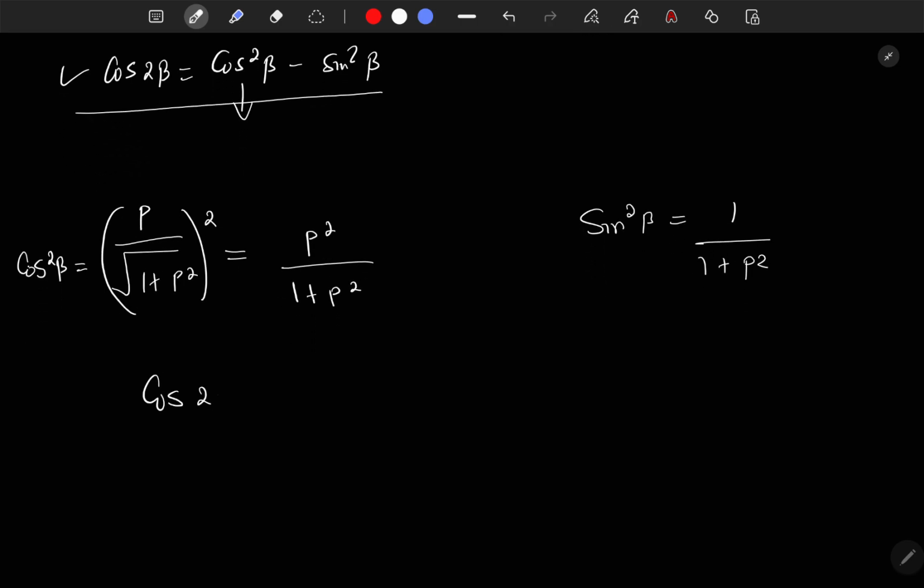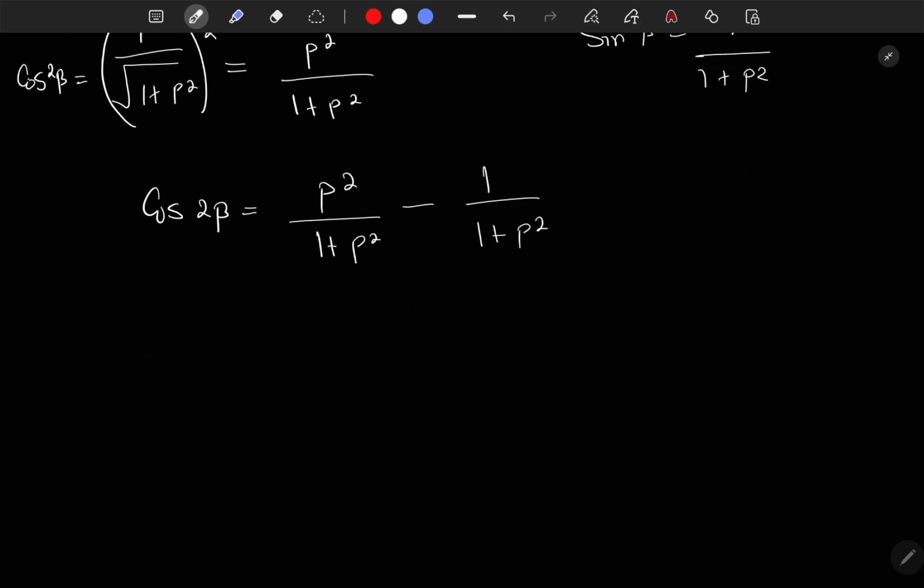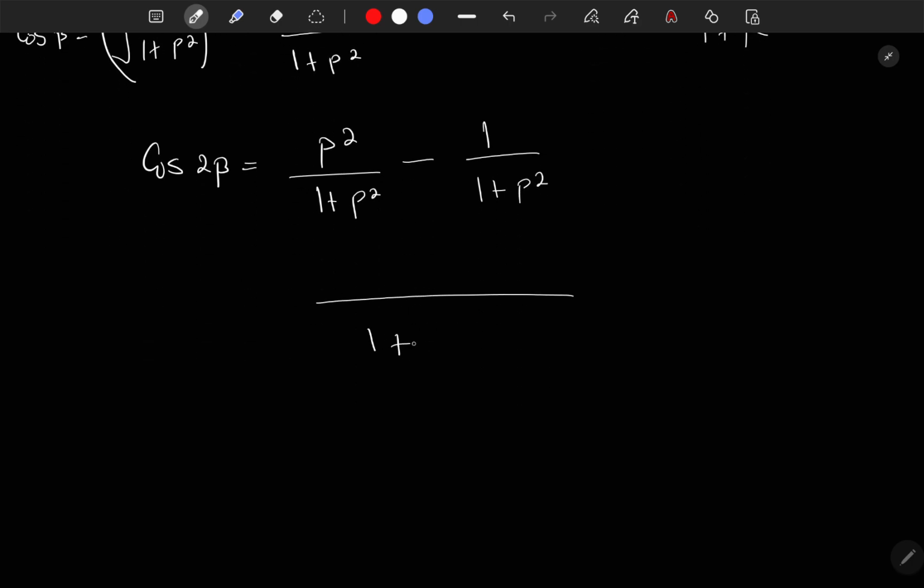Cos squared beta is p squared over 1 plus p squared, minus sine squared beta, which is 1 over 1 plus p squared. Common denominator 1 plus p squared. Is it? Yes, this will give me p squared minus 1, which I think is what has come out.